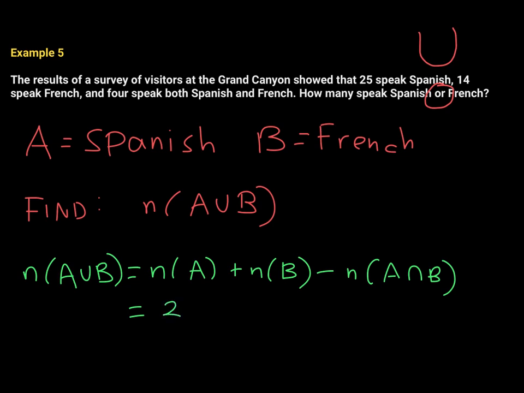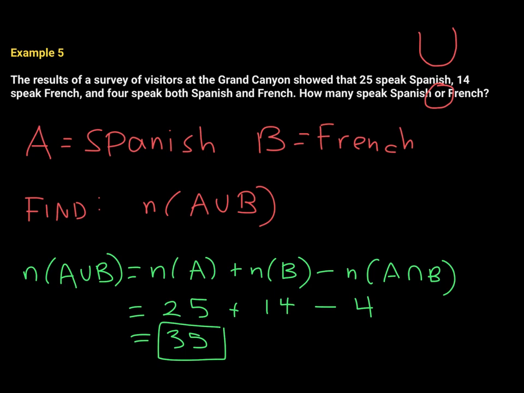So there's 25 that speak Spanish, plus there are 14 that speak French, minus those that speak both Spanish and French. That's what A intersection B would represent. So we're going to subtract 4. So this total here is 35. So 35 is the answer.